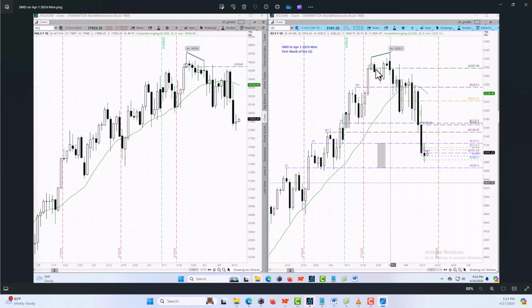For the ES, we see it break down with a fair value gap and break back up again with a fair value gap. Then it breaks down with a fair value gap also. Gap down, gap up, gap down, and then retest. Boom, going down.